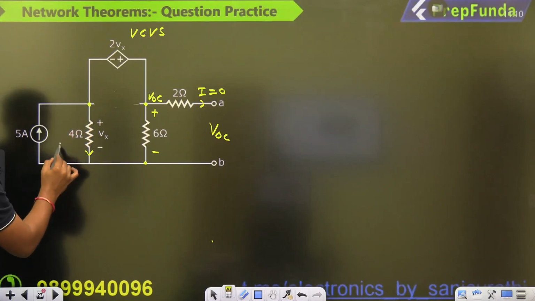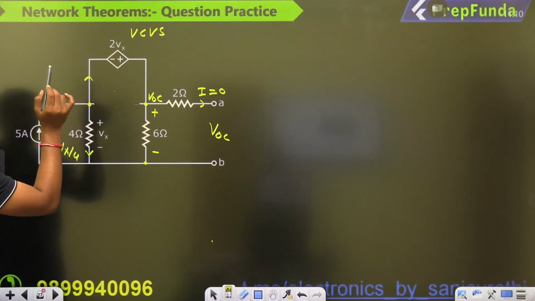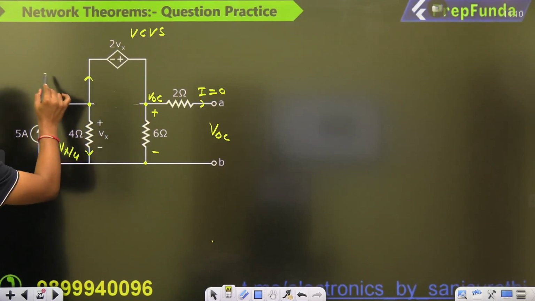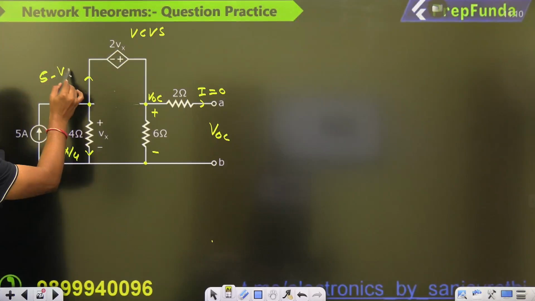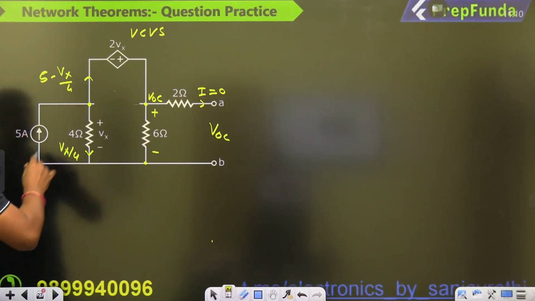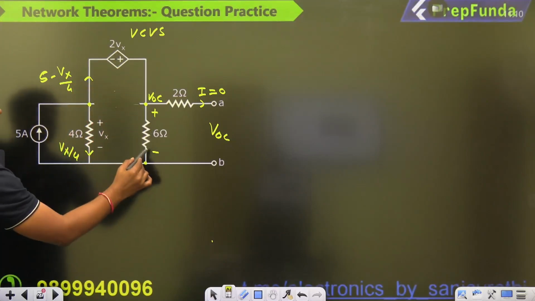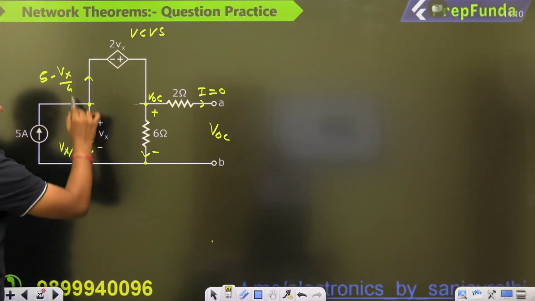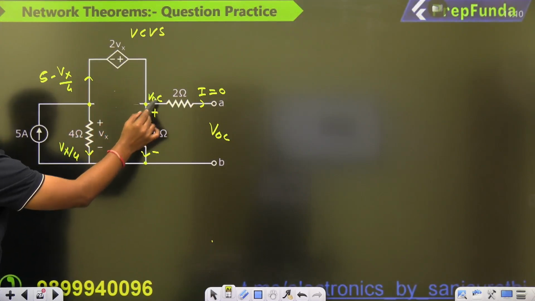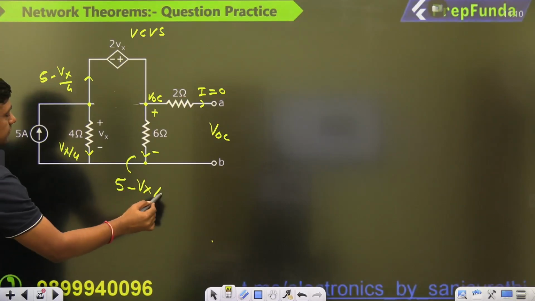So what is the current here? The current will become 5 minus Vx by 4, and the same current will pass here, 5 minus Vx by 4, because what is the current here? 0. So the current here is 5 minus Vx by 4.